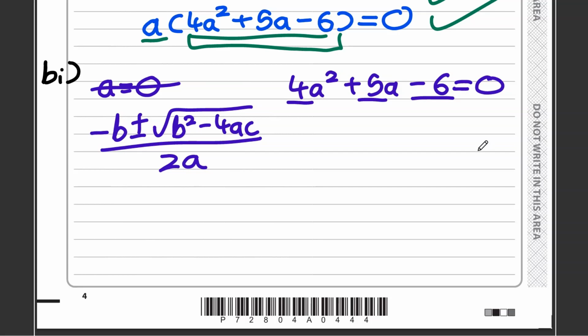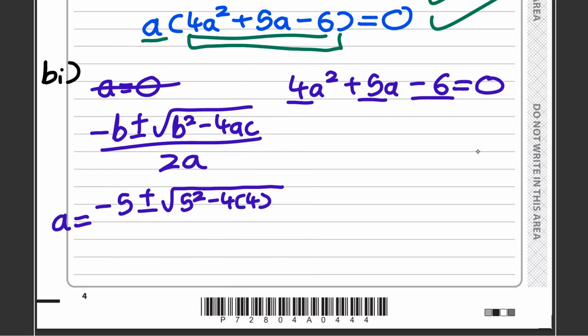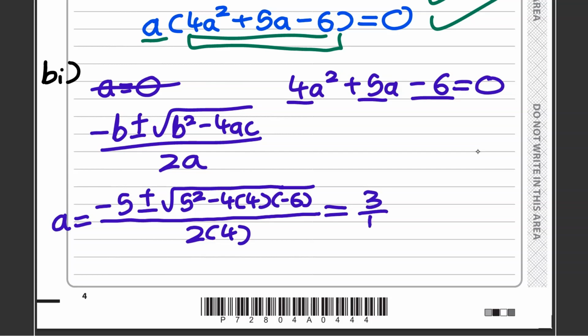So therefore, if we sub these values in, we're going to get that a is equal to minus 5, plus or minus the square root of 5 squared minus 4 times 4 times minus 6, and this is over 2 times 4. And if you put this into your calculator, you get out a value of either 3 over 4 or minus 2.